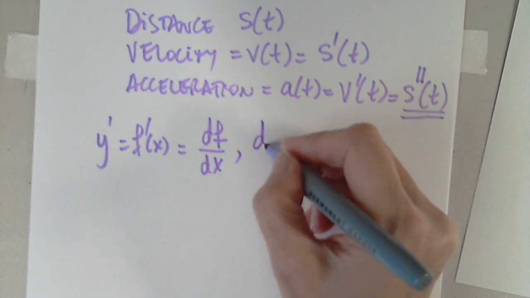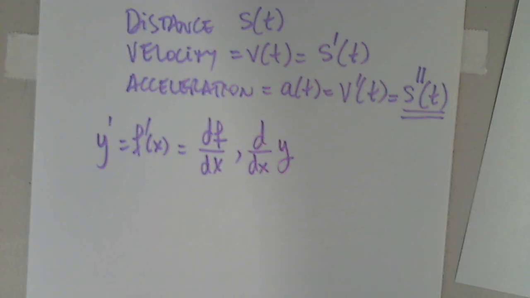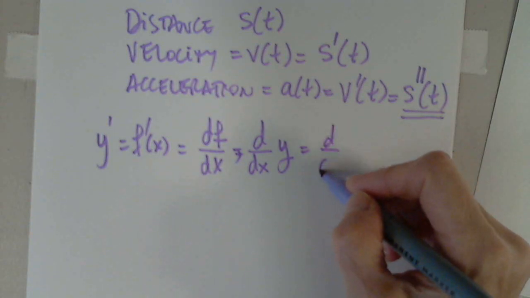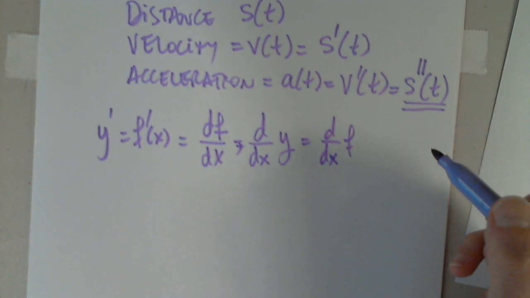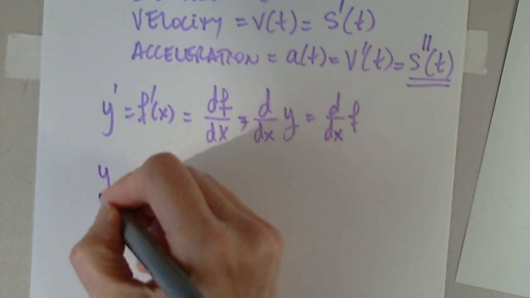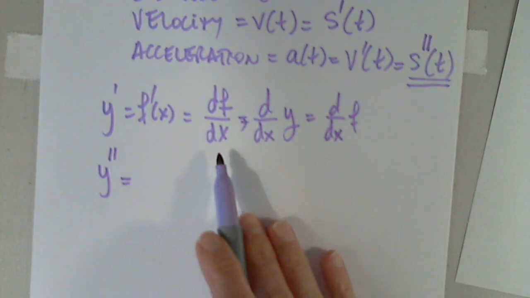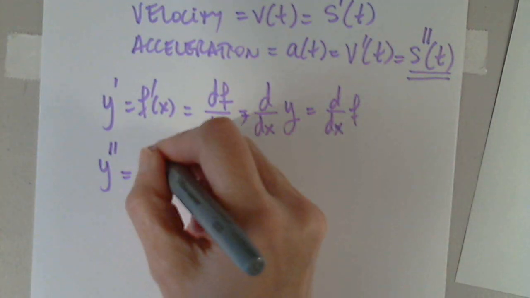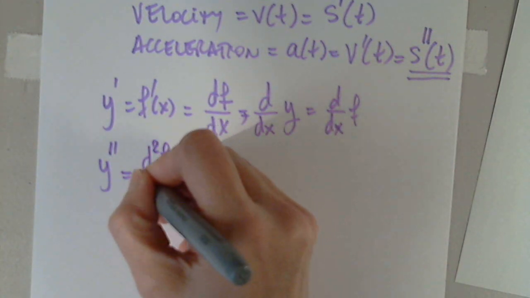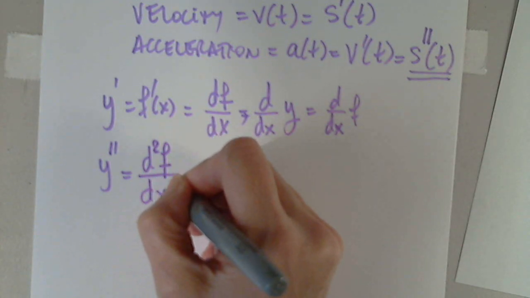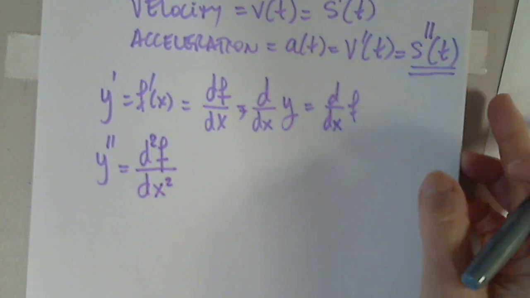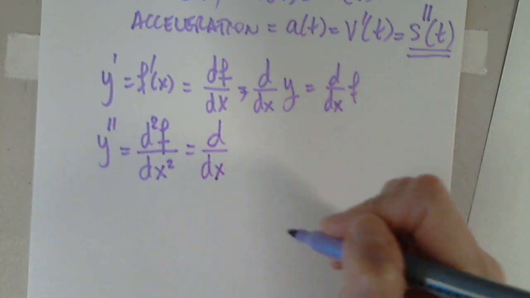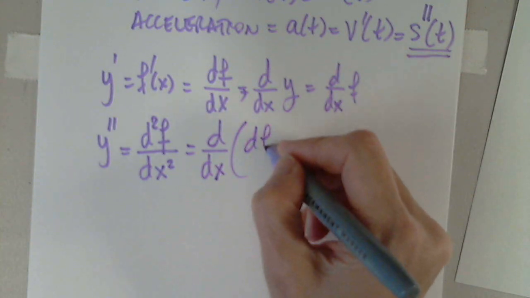It can be denoted by d over dx of y, or same thing, equals d over dx of f. They're all the same. But what about the second derivative? How do we signify it with this kind of notation? It's called, as I said, Leibniz notation. It's d squared f over dx squared. Why is that? Because it's the first derivative of the first derivative.